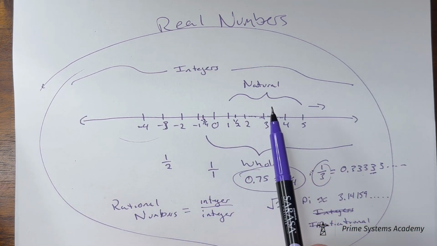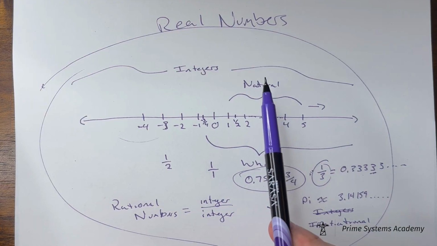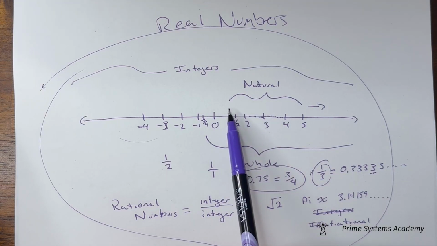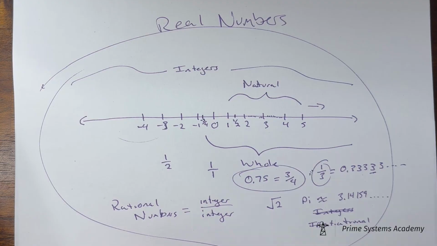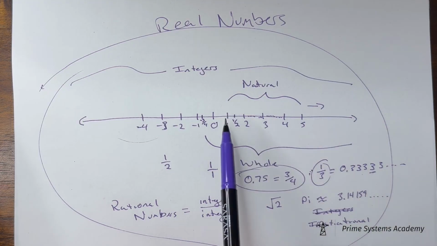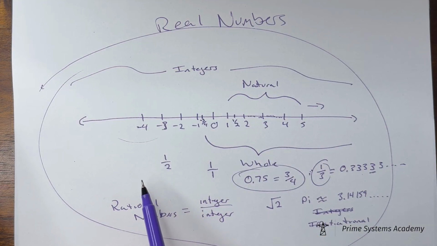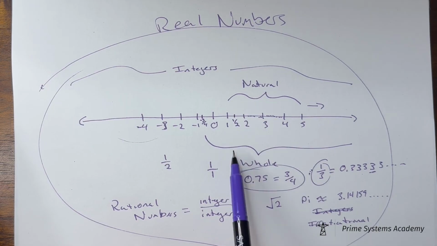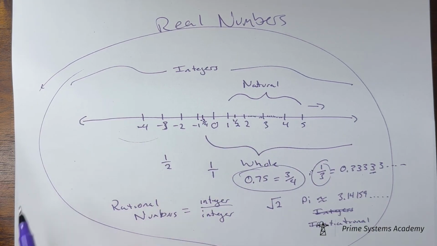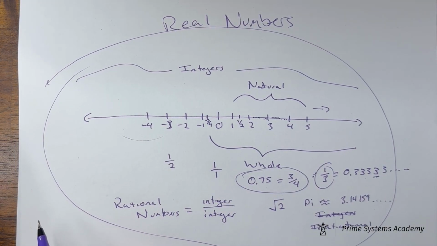So this makes up your real number system, starting with your naturals, which is your counting numbers, 1, 2, 3, 4, and so on. Your whole numbers are also your natural numbers, 1, 2, 3, 4, and up, plus 0. Your integers are going to be your natural and whole numbers, but also going in the opposite direction, the negatives.